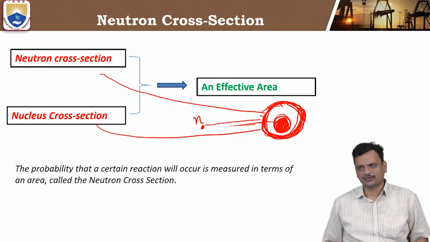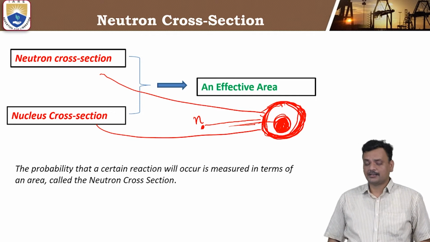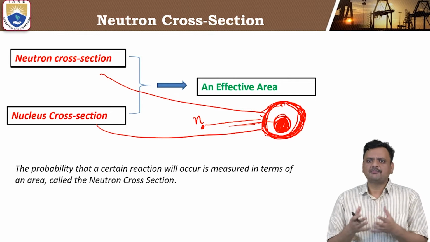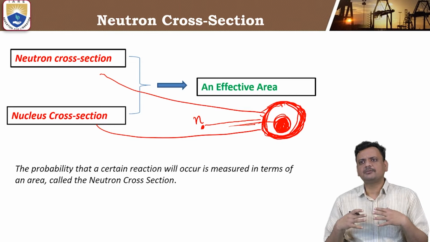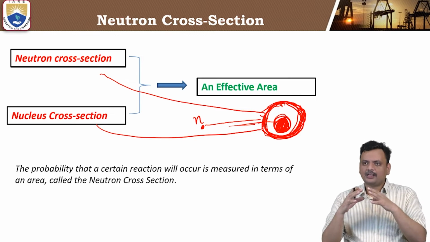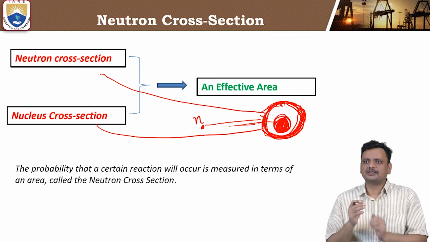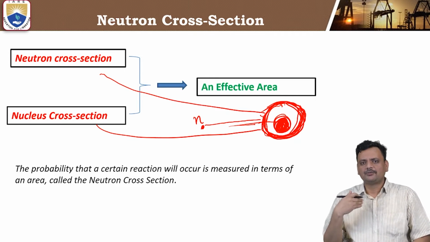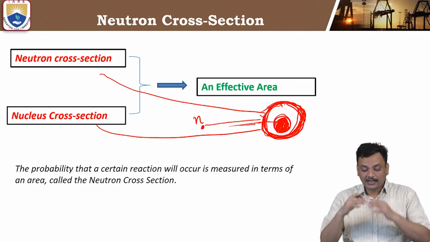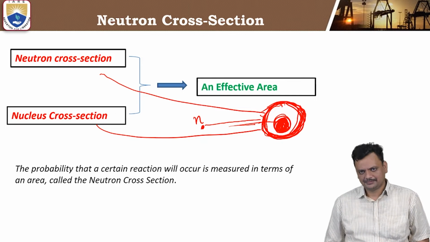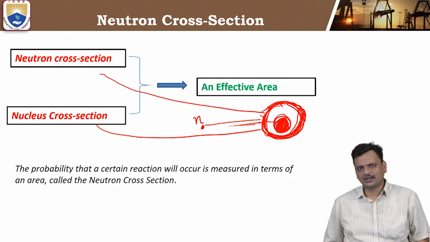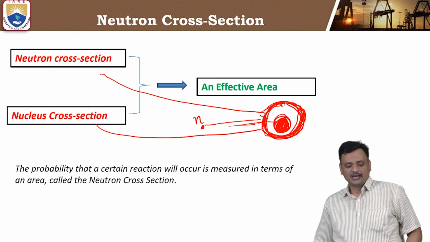As a quantum mechanical definition, it is a probability: the region where there is a strong probability for nuclear reaction is known as the nucleus or neutron cross section.